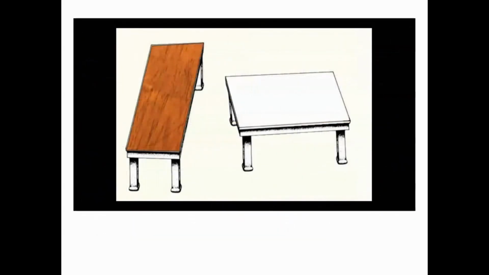Here the horizontal lines don't seem to be parallel, except they're perfectly parallel. Our brain gets confused because of the irregular vertical lines. Here we see two tables, a longer, narrower table on the left and a shorter, wider table on the right.